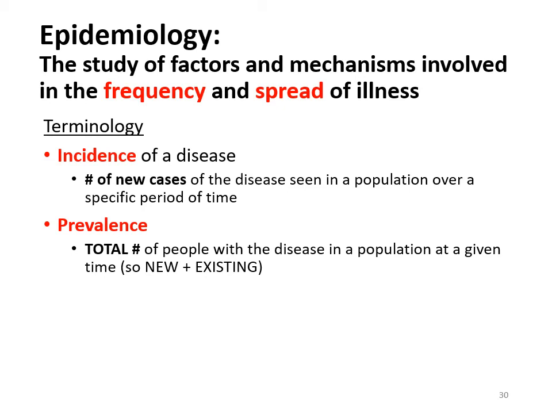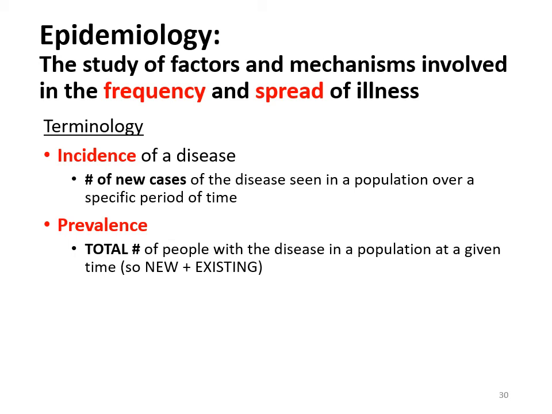That would be 700 as the prevalence. And if instead I said prevalence rate, then once again you would simply put that 700 over the total population, which I had said in the example was 100,000 people.